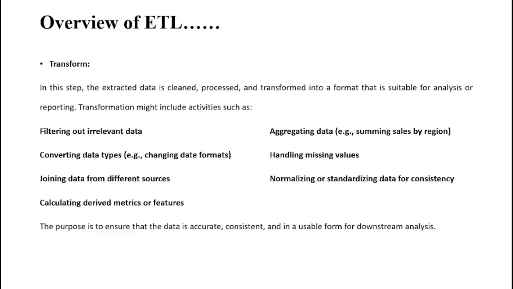Transformation may include activities such as removing irrelevant data. When you collect this data, there are some irrelevant data that will come with it, which you don't need for the purpose of your reporting or analysis. So this is the process where you get rid of some of those data.